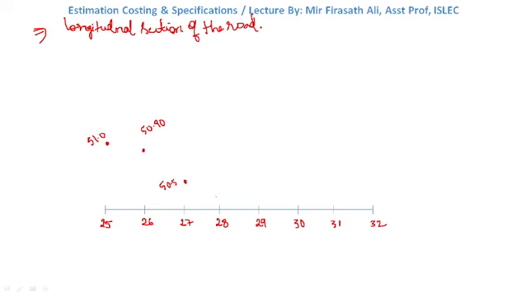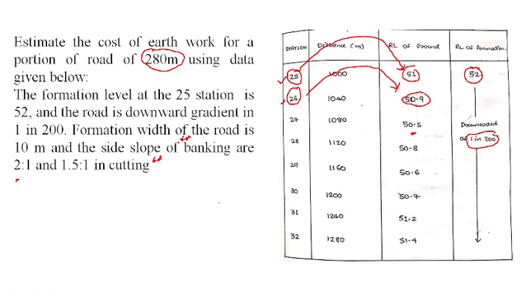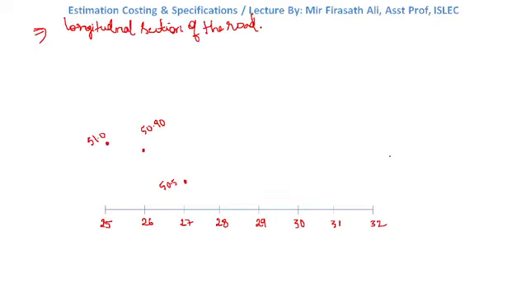Again, at the 28th station, we have 50.8. So, at the 28th station, we need to mark 50.8, a little bit lower than 50.90.